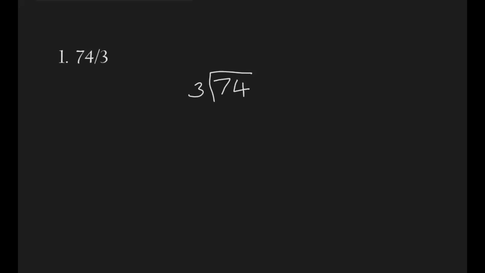So what we're going to do is write a 2 over here and write a 6 here. And then we're going to subtract. 7 minus 6 is 1. So we're going to write a 1 here. And then we're going to bring the 4 down. So we're just going to bring it down here. You don't have to make an arrow. I just like doing it.